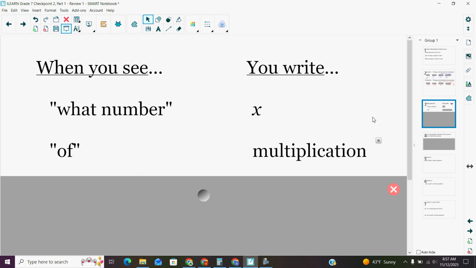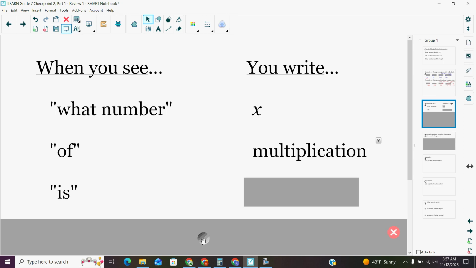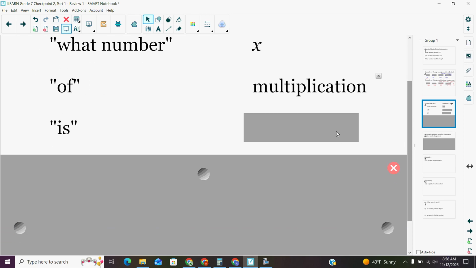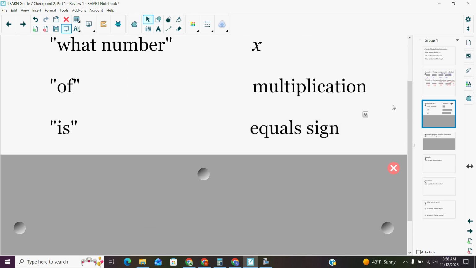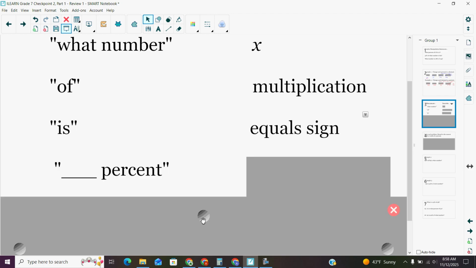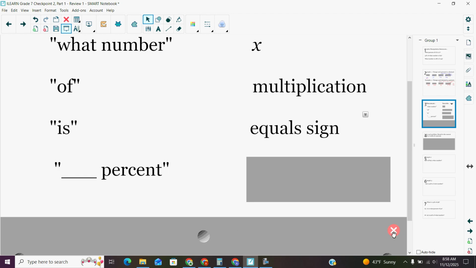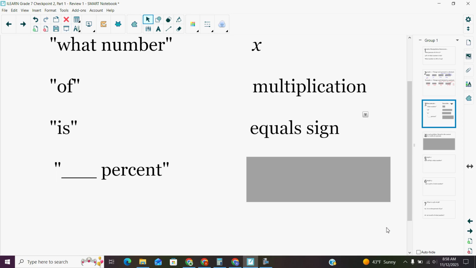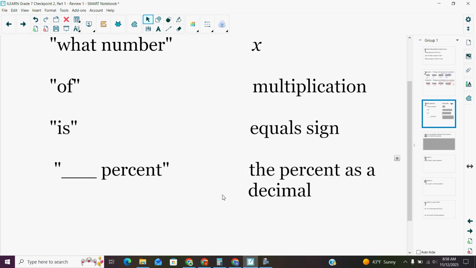Of what number, so it's going to be times X. The word is, if you see the word is, you put an equal sign. And if it gives you a percent, I think I just said 12%, we are going to rewrite the percentage as a decimal. Within our numbered equation, that percent needs to be a decimal.